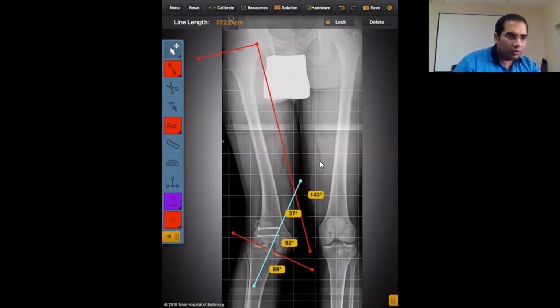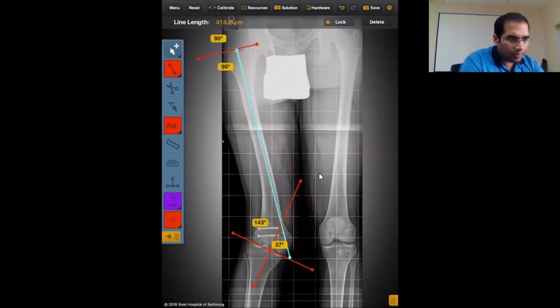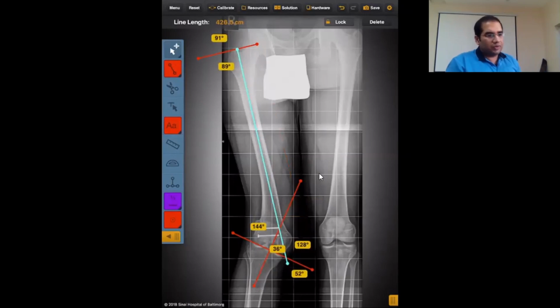Now, we will always counter check our mechanical planning by using the 3-line method as well. Here we have taken a mid diaphyseal line. As we are seeing here, the medial proximal femoral angle is 91 degrees, which is again a bit abnormal.